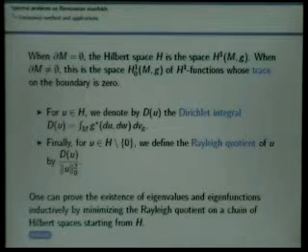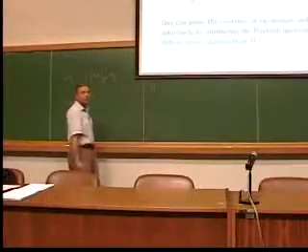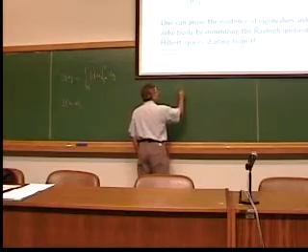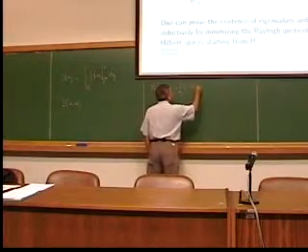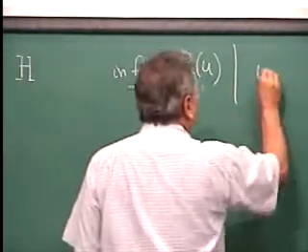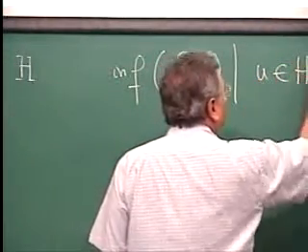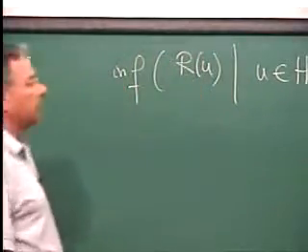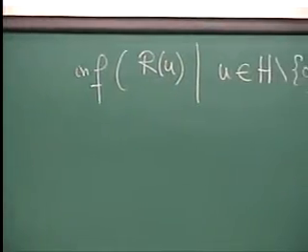Okay, so let me do this. So the first Hilbert space I just consider H. So I start from H. And then I consider the infimum of R of u, the Rayleigh quotient, with u in H, and I take away the zero function, otherwise I have trouble.